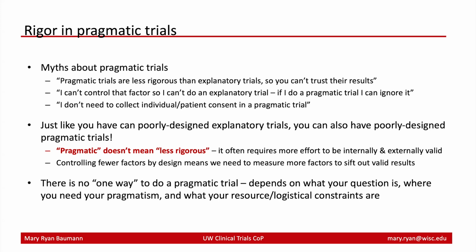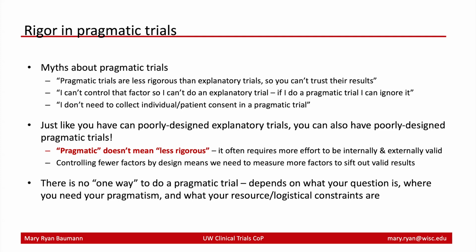So just like you can have a poorly designed explanatory trial, you can also have poorly designed pragmatic trials. And pragmatic trials are not really an excuse to do bad research. So pragmatic doesn't necessarily mean less rigorous work. And I argue that it often requires a lot more effort and forethought to be internally and externally valid in a pragmatic trial setting.